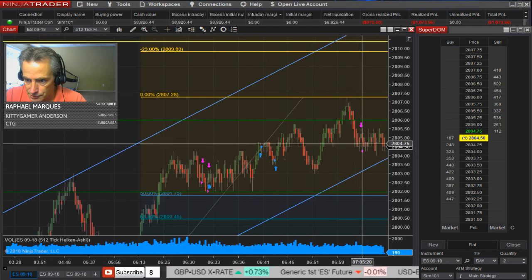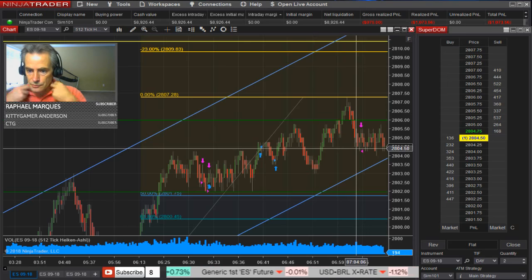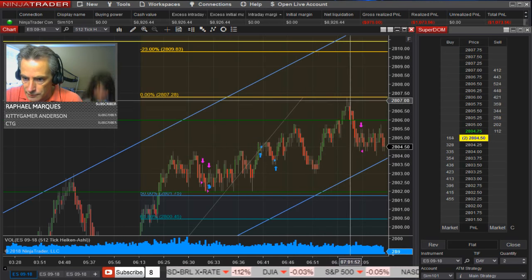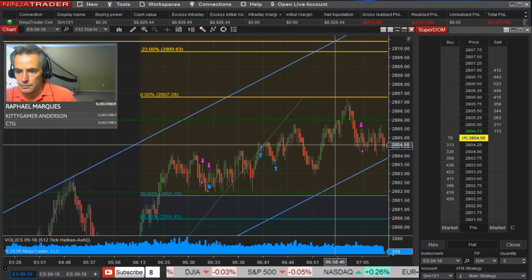So as of right now, it's still within the first 30-minute range of trading. Broke out of it a little bit. Come back in.